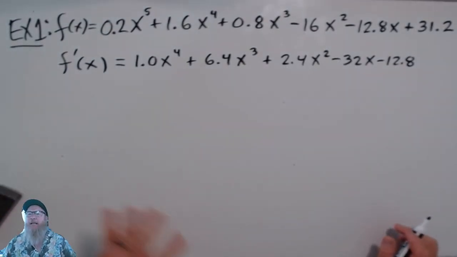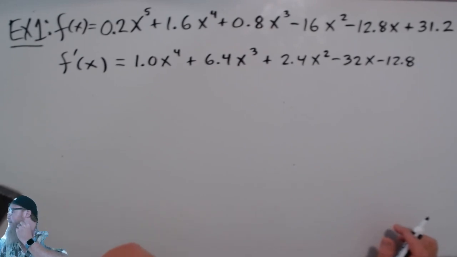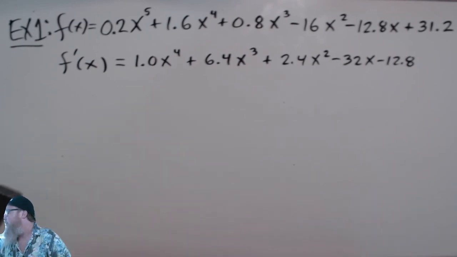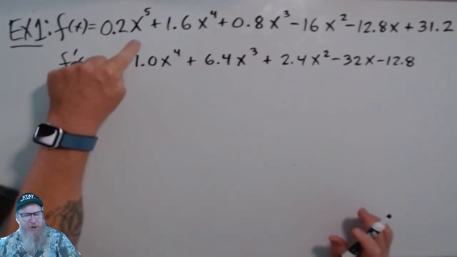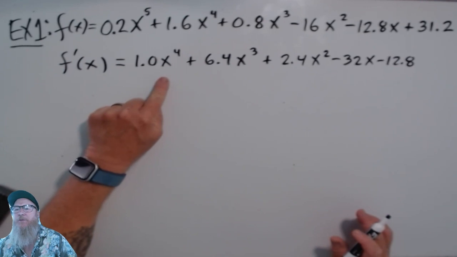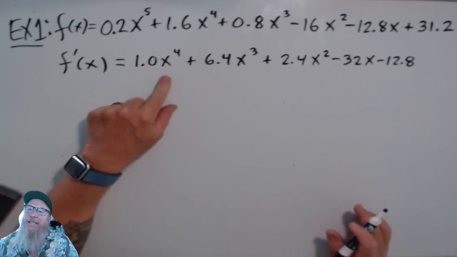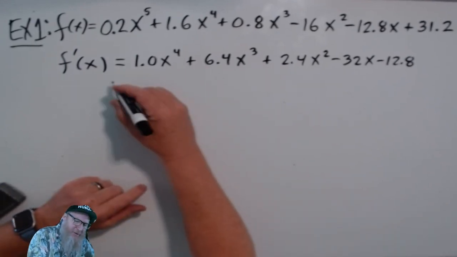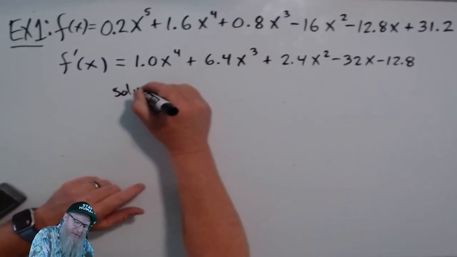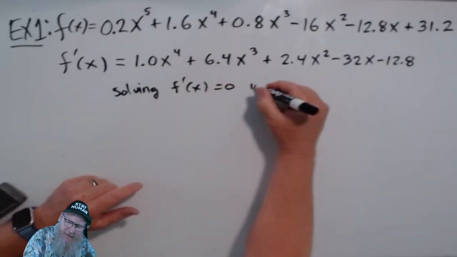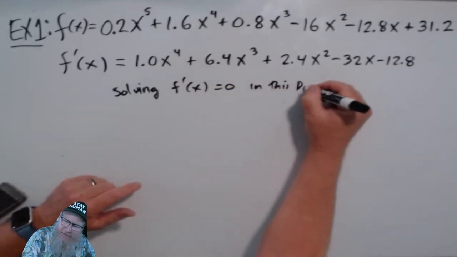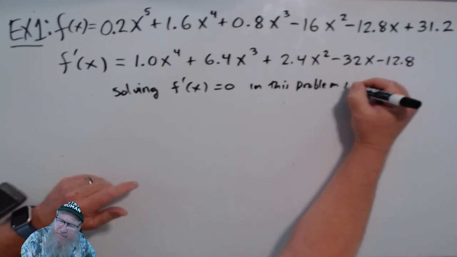Now, because this was a fifth degree polynomial and now we have a fourth degree, finding the critical points is very difficult. So solving f prime of x equals 0 in this case is difficult.